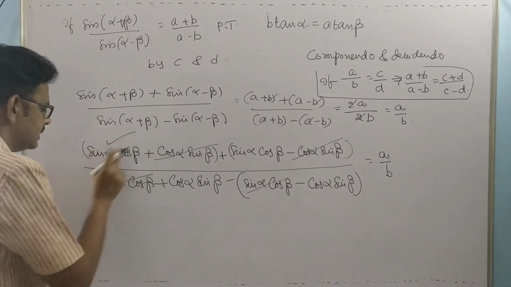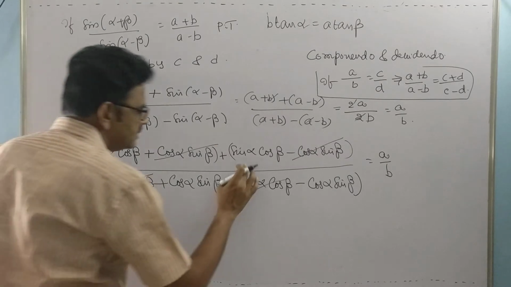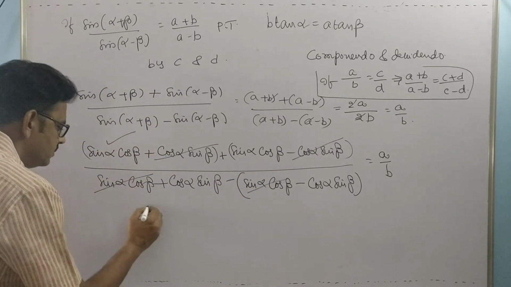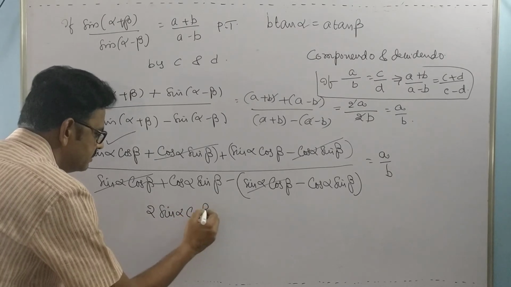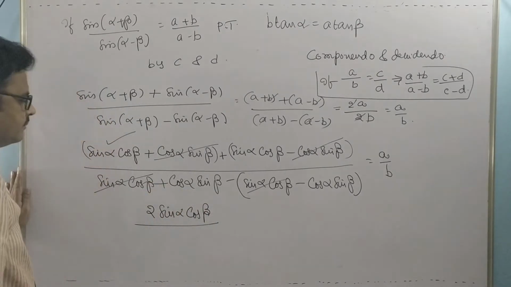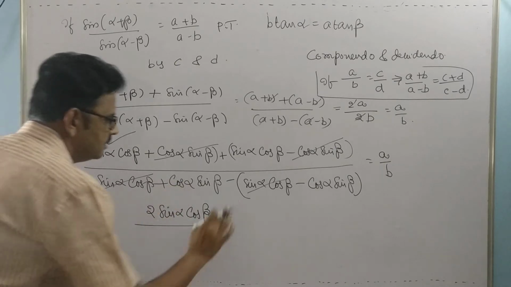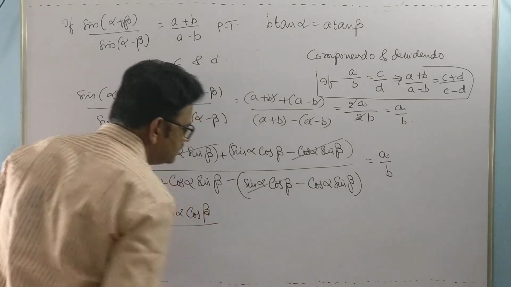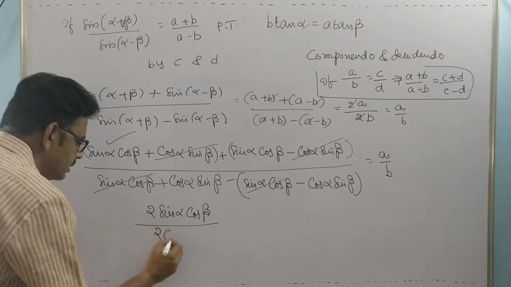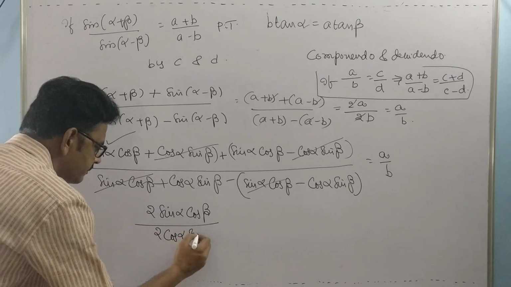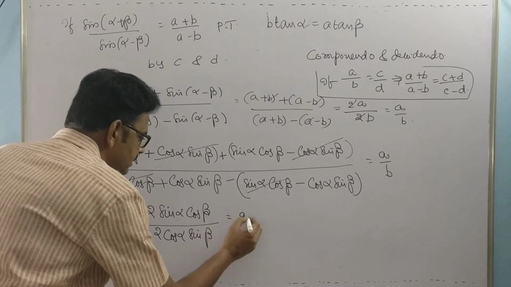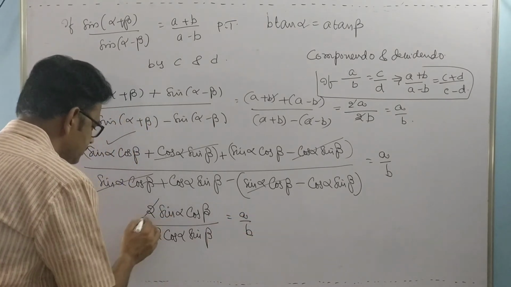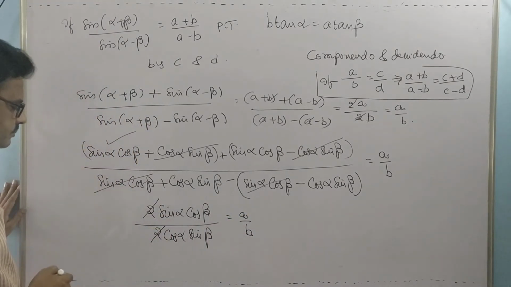So this is sin alpha cos beta, sin alpha cos beta, 2 times sin alpha into cos beta by cos alpha sin beta, minus of minus plus cos alpha sin beta. So this is 2 times cos alpha into sin beta. This is equal to A by B. So these two get cancelled.